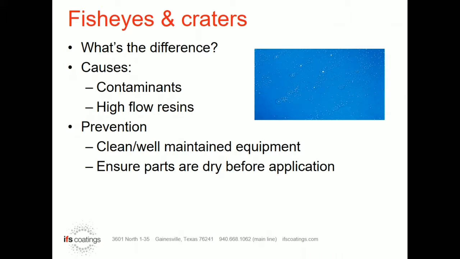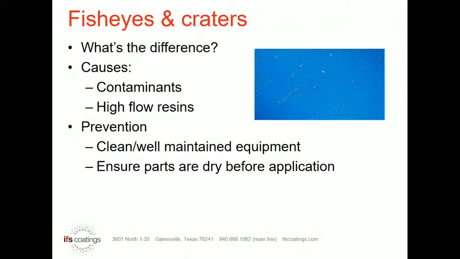So a lot of things can cause fish eyes or craters. It's usually obviously some type of contaminant. We see all kinds of contaminants out there. People use WD-40. People use aerosol spray cans for touch-up paint.